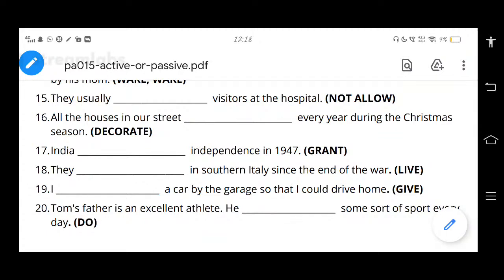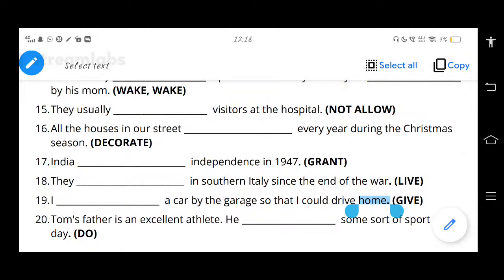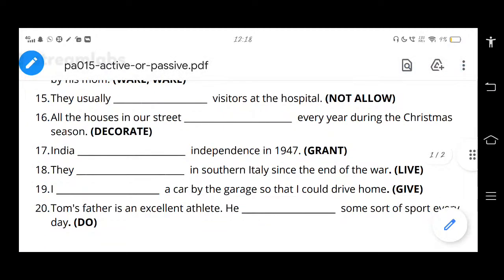Let's see the 19th example. I dash a car by the garage so that I could drive home.